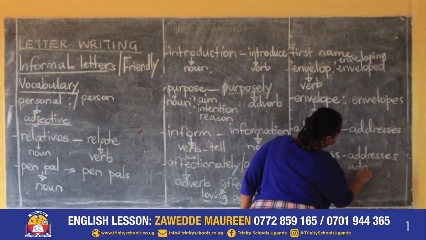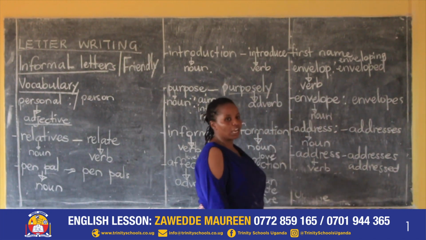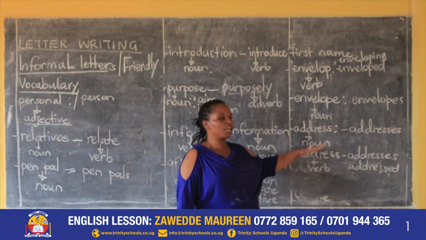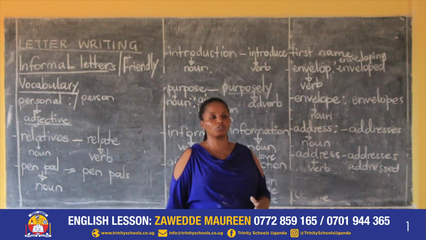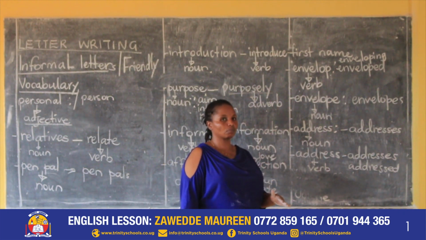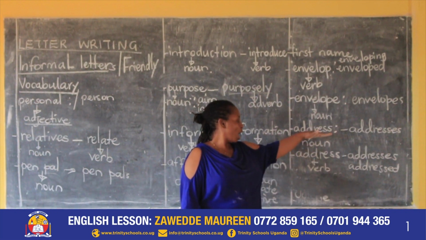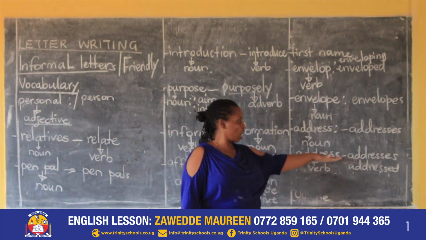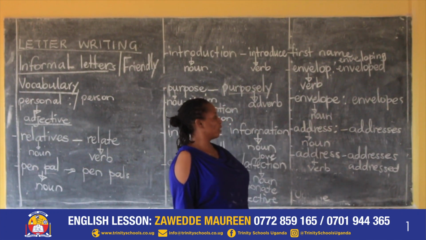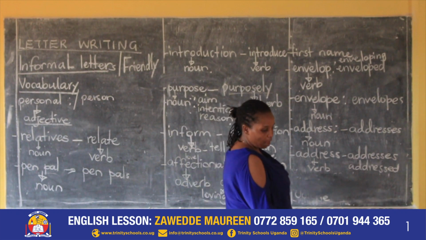Addresses. He addressed the letter wrongly. If I say he addressed the letter wrongly, that means he wrote wrong information of where that person stays or works. Addresses, verb and noun. So they are candidates.